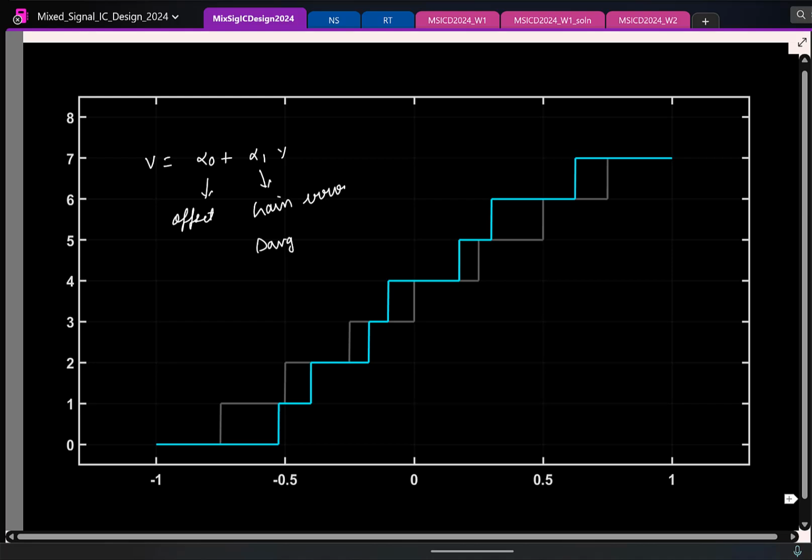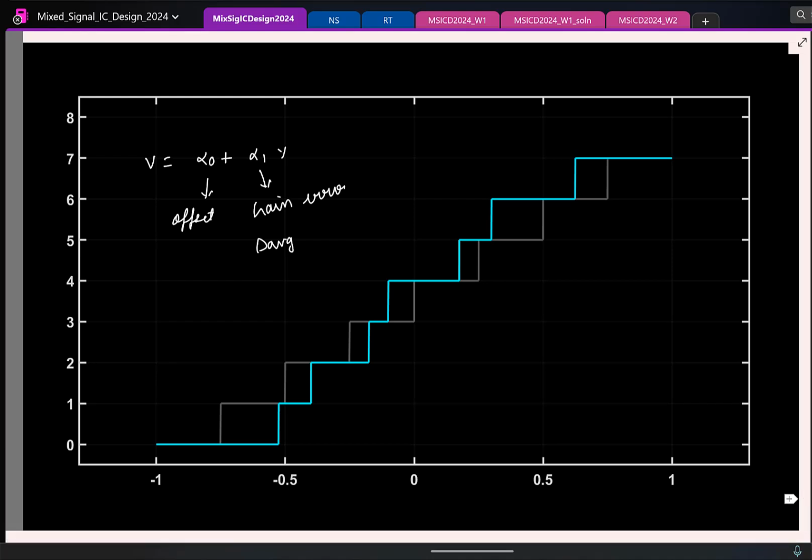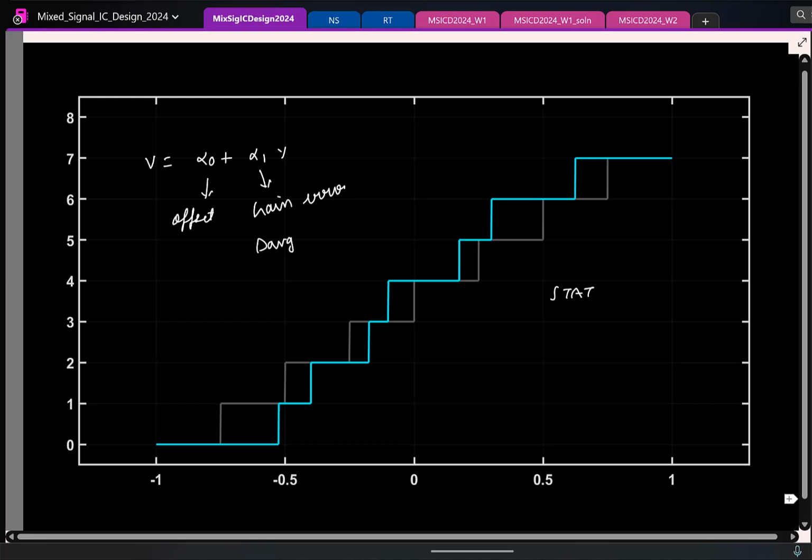So in practice, you eliminate all the linear defects, which are offset and gain error, and then you compute non-linearity from this. This is what is done to characterize the static non-linearity, that is, to see how my ADC is behaving for DC signals.